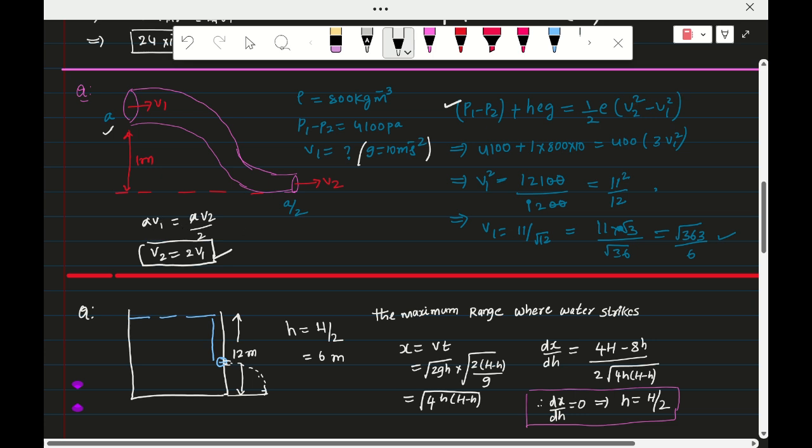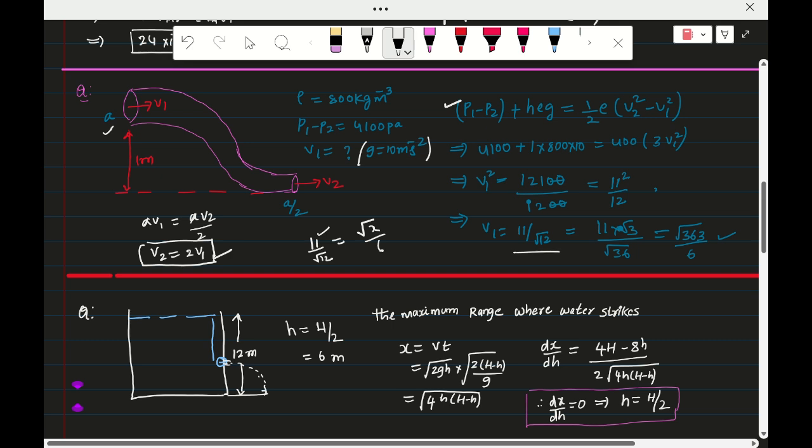Similarly, substitute and you will get the answer. So here we got the answer 11 by root 12. But they are asking it in a different form, root x by 6. So I want to change this into that form. This is my answer, following Bernoulli's principle and steps.